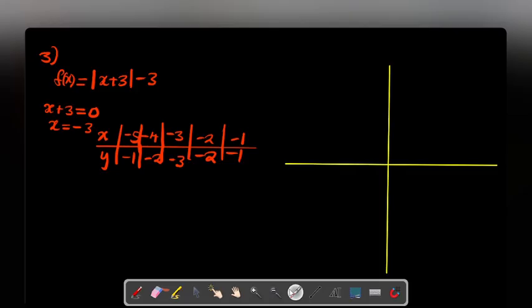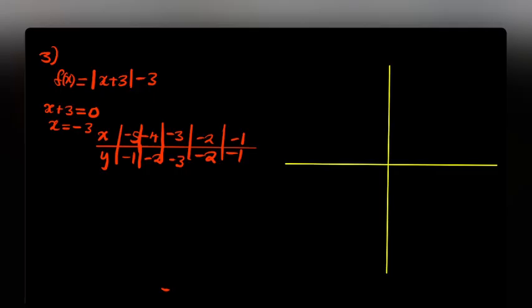Number one, we have x from -5 all the way up to -1. So this is -1, then -2, then -3, then -4, then here we have -5.